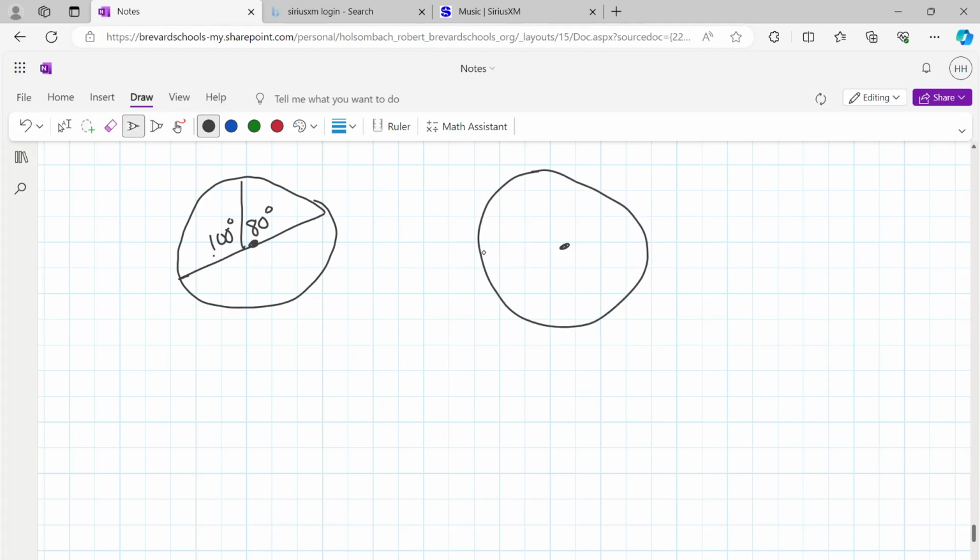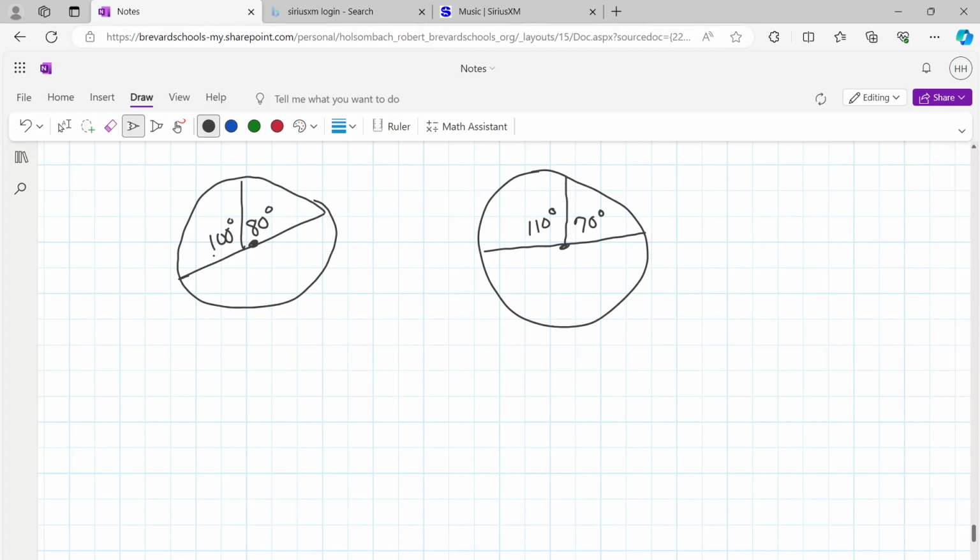If we have this, and we've got a diameter going through it, and this is 110, what's that angle? It's 70. It's still a linear pair, whether it's surrounded by a circle or not, okay?